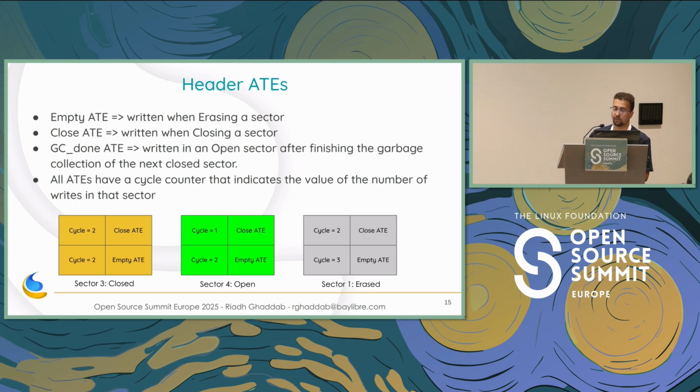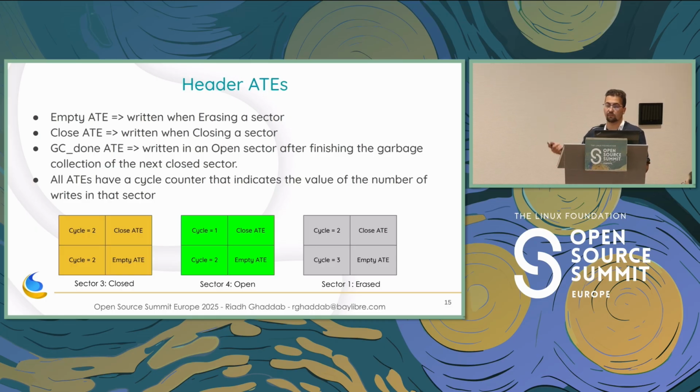The cycle counter in the ATEs is what I represented here, and it's the same structure. The closed ATE has inside it, for example, a cycle counter of value 1, and we use that information. First, it has a meaning, which is why we call it a cycle counter: it represents the number of times that sector has been written.